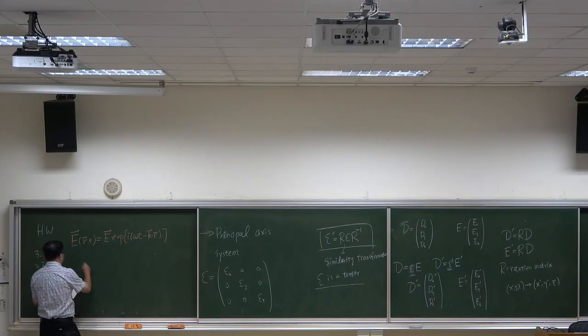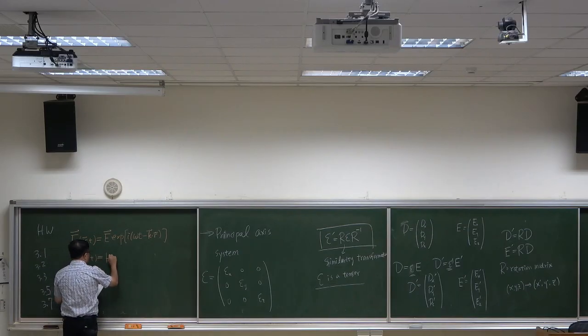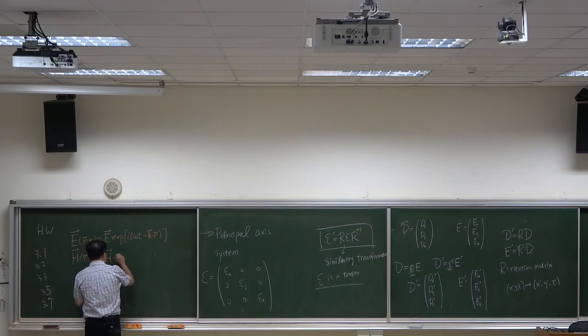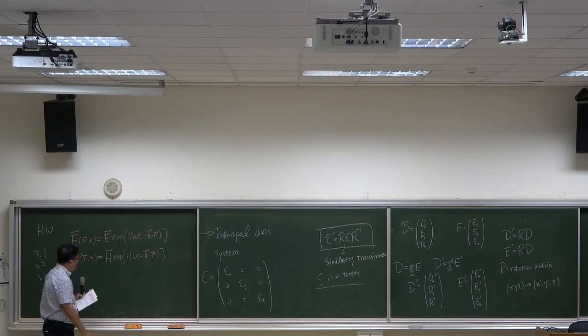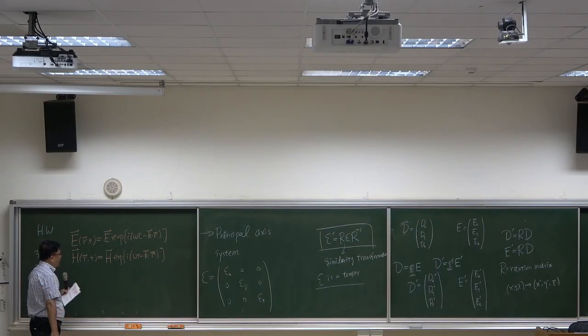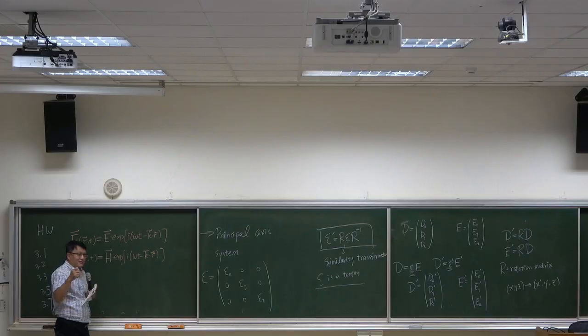And the corresponding H vector, H(r,t), we write as H times exponential i(omega t minus k dot r). Here, in general, E and H are complex vectors.